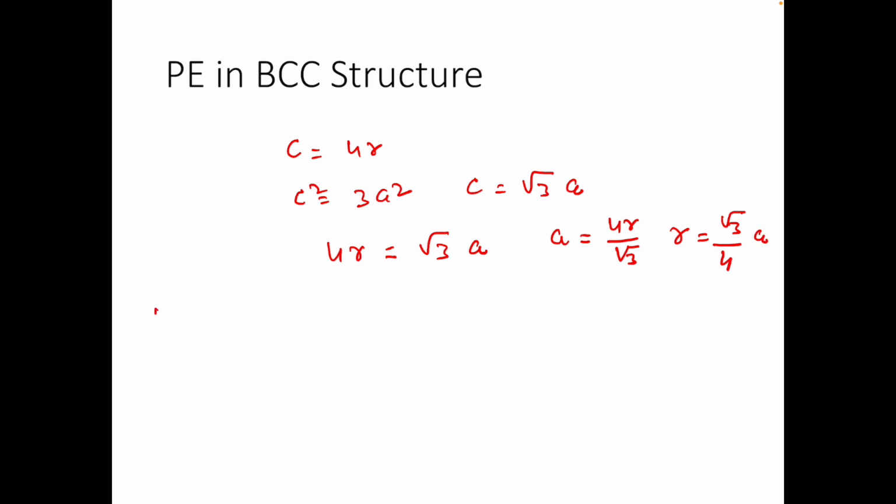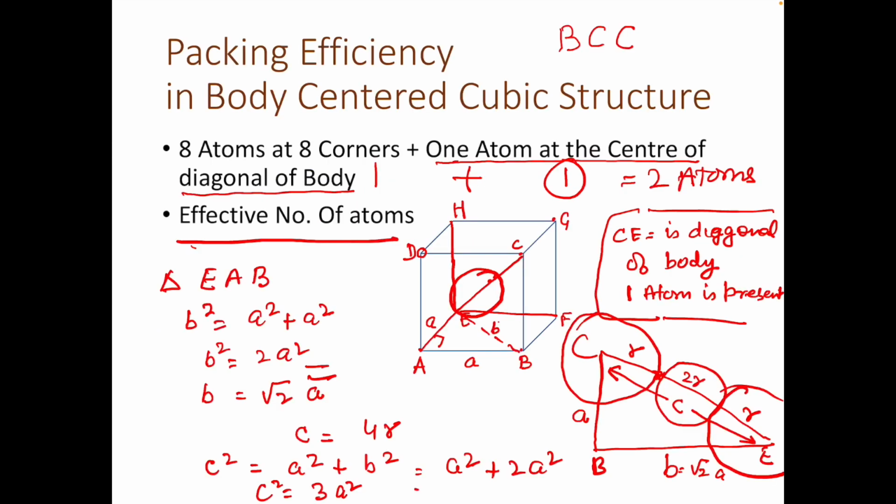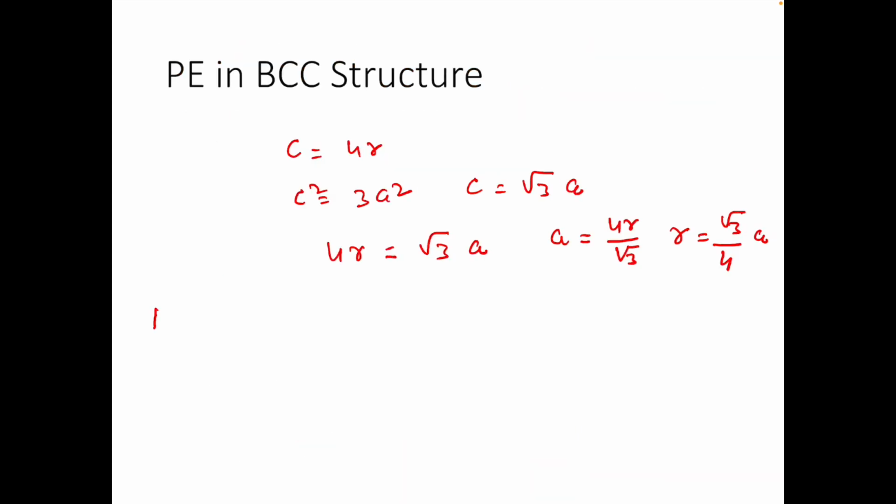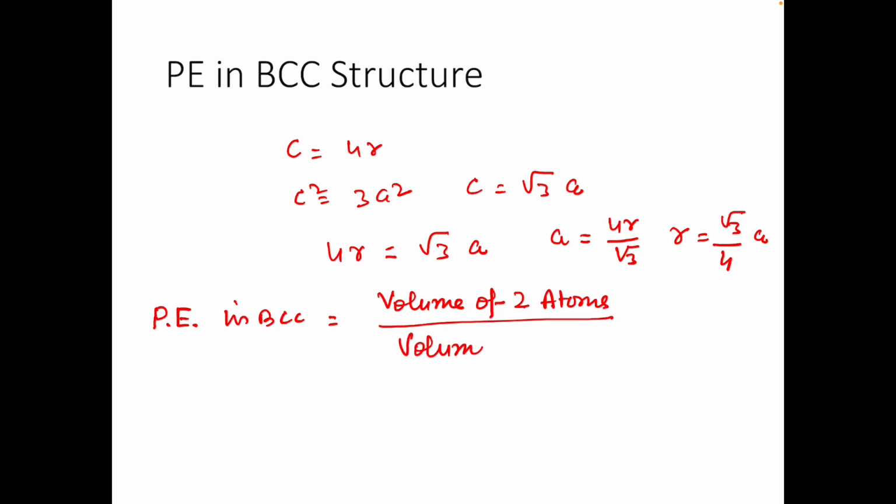Now we have seen that the effective number of atoms is 1 plus 1, equal to 2 atoms. Now the packing efficiency in BCC structure will be the volume of effective atoms present in the unit cell, that are 2 atoms, divided by the volume of the unit cell, into 100.